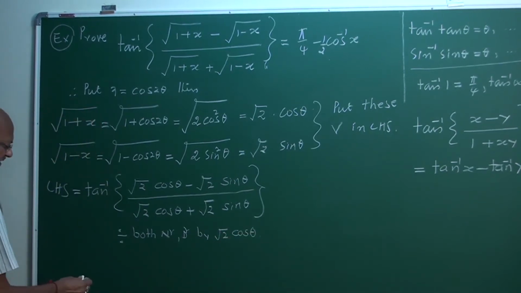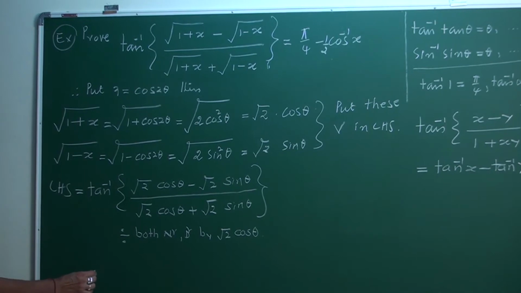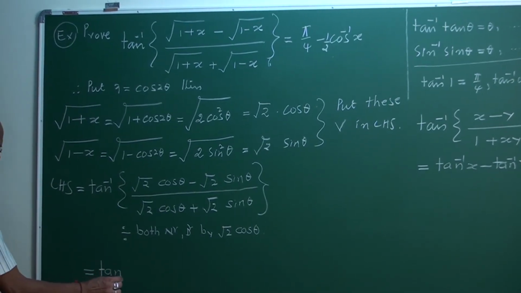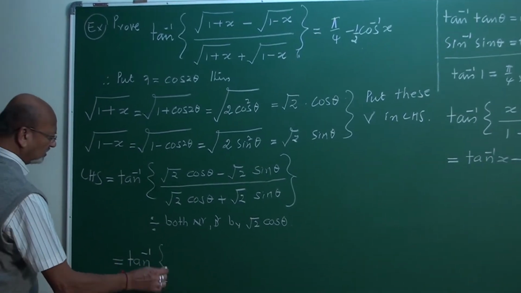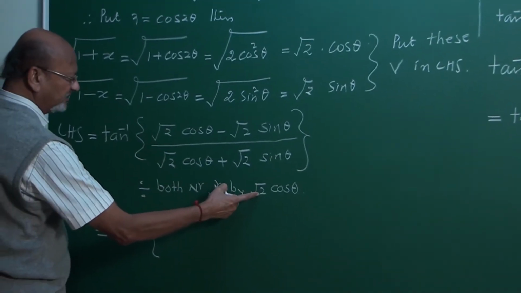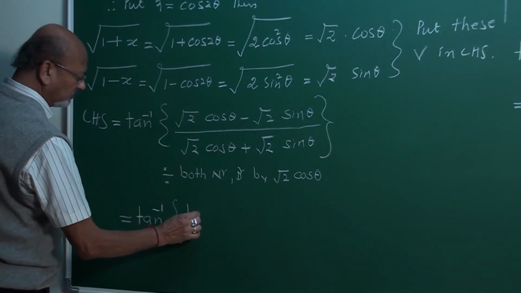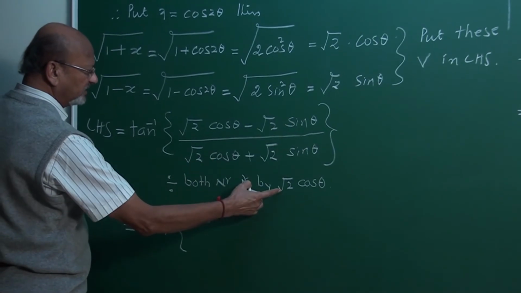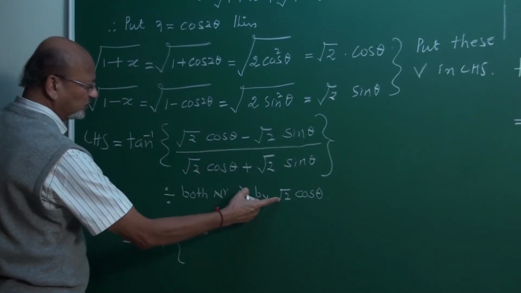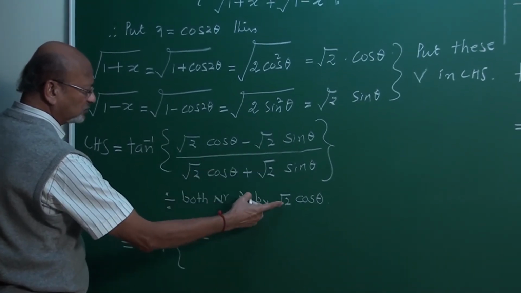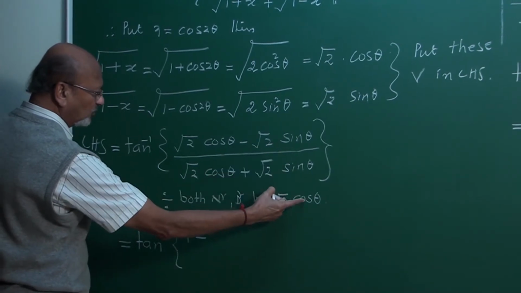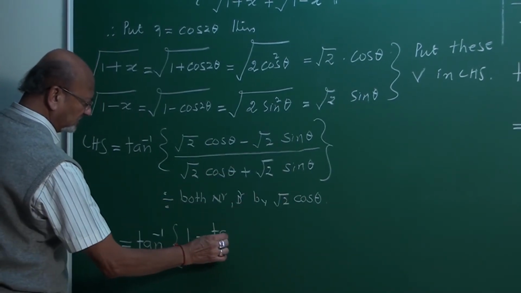LHS equals tan inverse of, you are dividing this by this, you get 1 minus this by this. Root 2 cancels with root 2. Sin theta upon cos theta is tan theta.